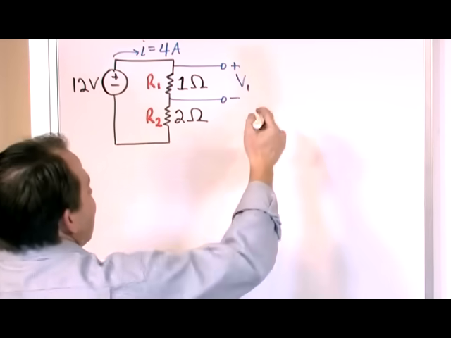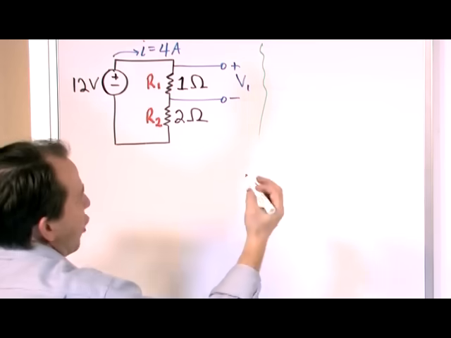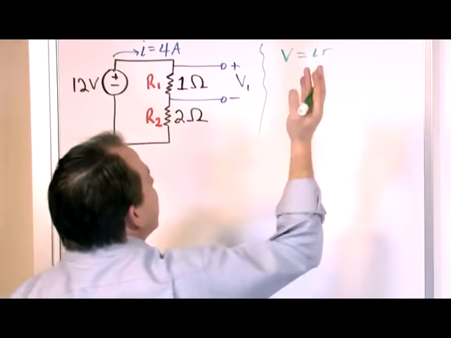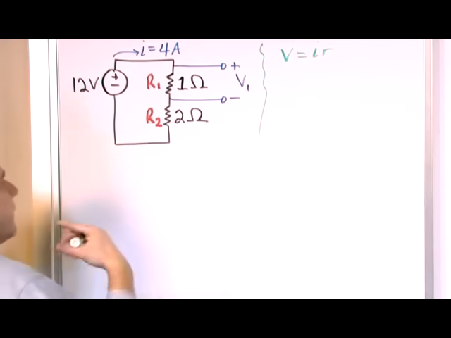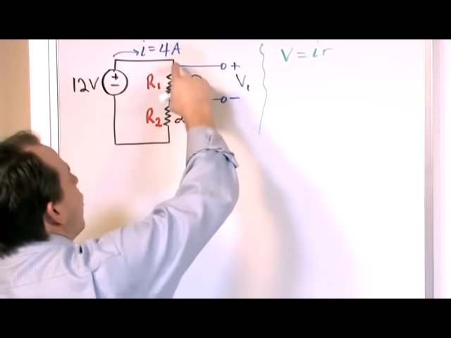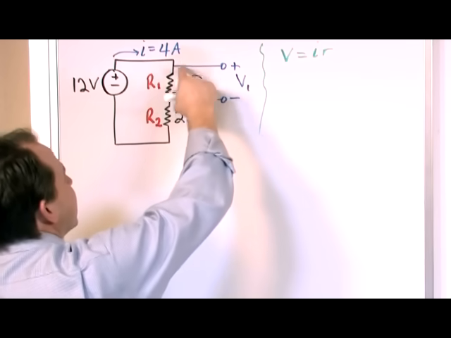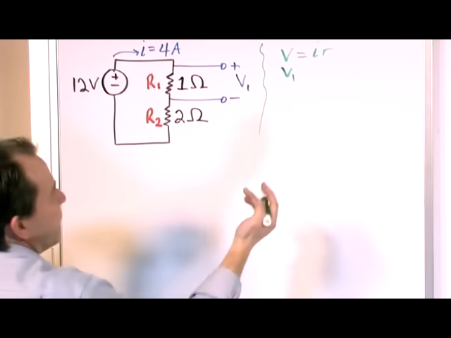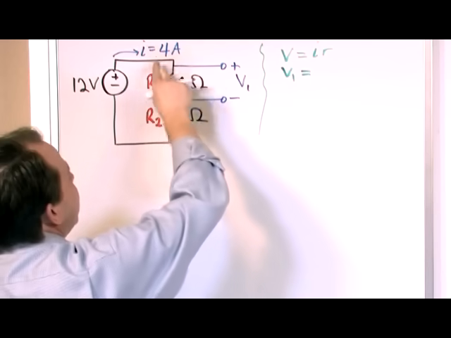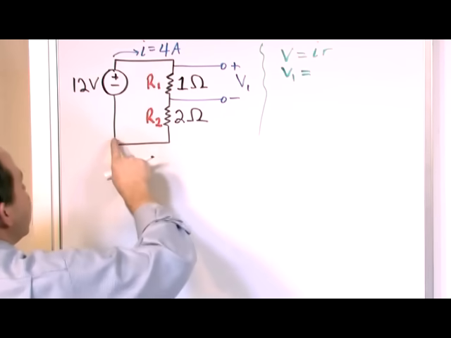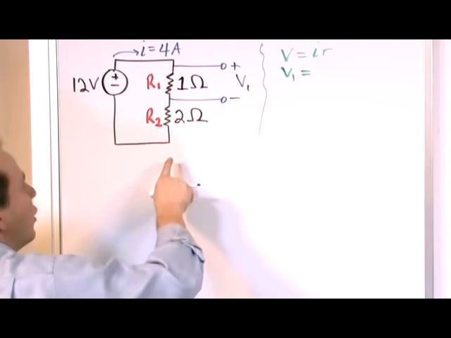Well, anytime you have to calculate voltage, you're always going to use Ohm's law. So we need to use V equals IR, and we're going to apply it to this resistance because that's the one this problem is dealing with. So what is the voltage across this guy? We call it V1; we don't know what it is, so we just leave it there. Equals, what is the current flowing through this resistor? The current here is 4 amps. It's the same 4 amps that keeps going around over and over again.